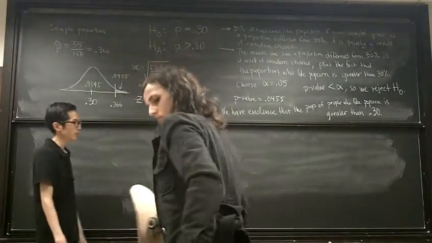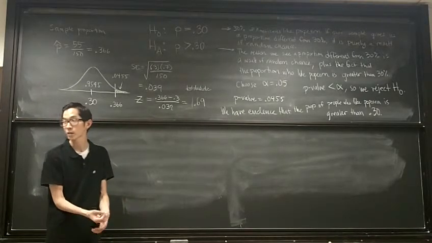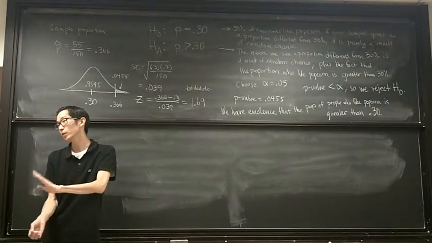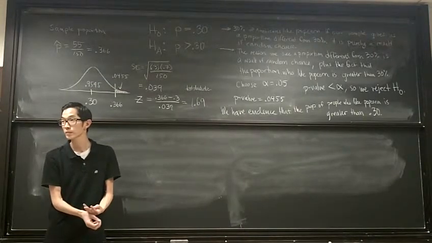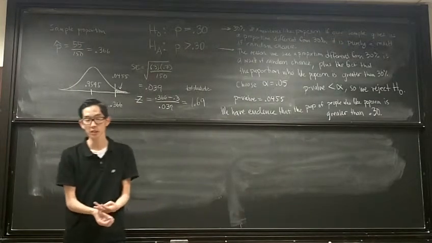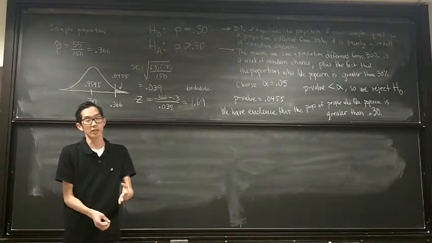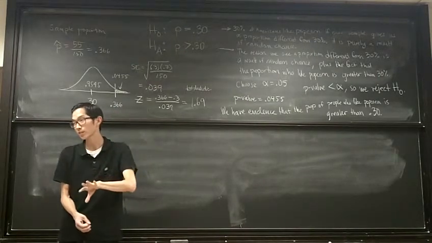Not random. I mean, maybe arbitrarily. Yeah. That's just the most common choice of alpha, 5%. So if alpha is never stated in a problem, use alpha 5%.